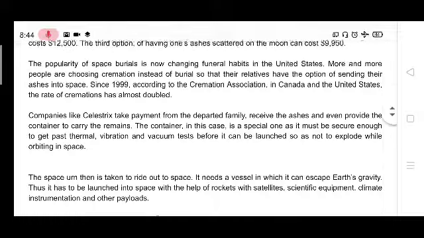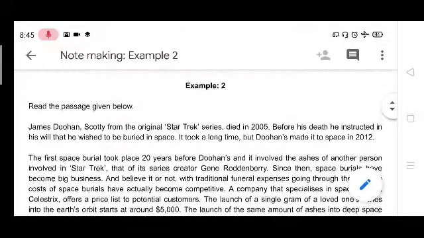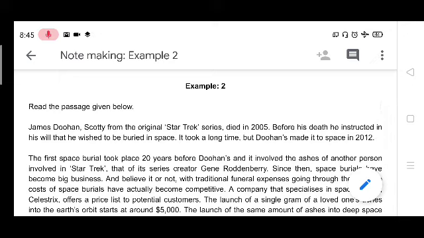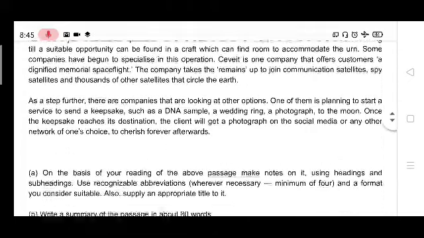Now, it talks about the actor of Star Trek, that in 2005 he made a wish for space burial, and his wish came true after 7 years of his death. So see, his relatives kept these ashes safe for 7 years, and then they found the opportunity to send it to space. Now, we'll give this passage a second reading.